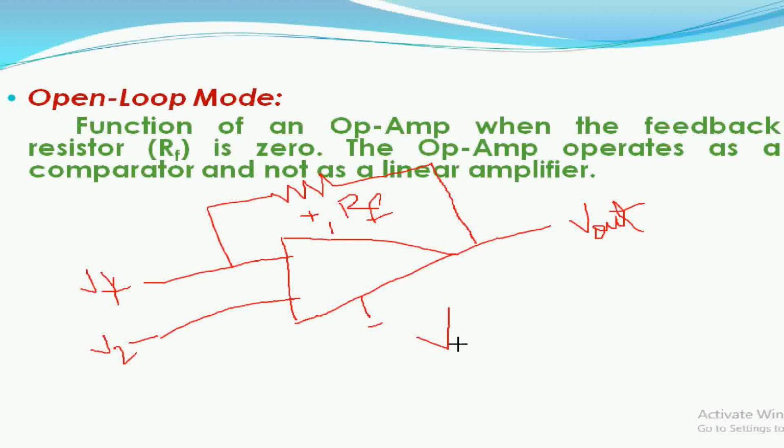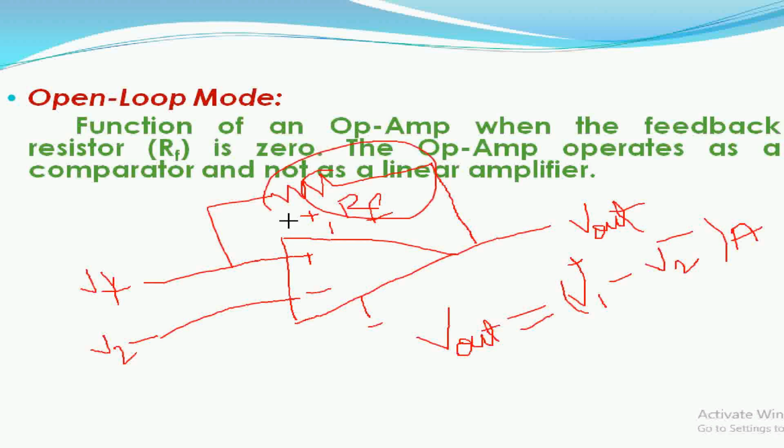So for the op amp, Vout is equal to V1 minus V2, where V1 is positive and V2 is negative, into some A. This is your gain factor.